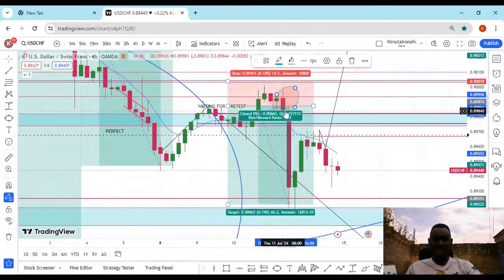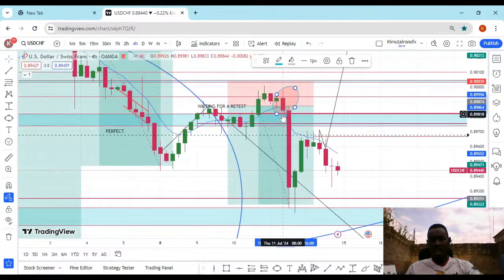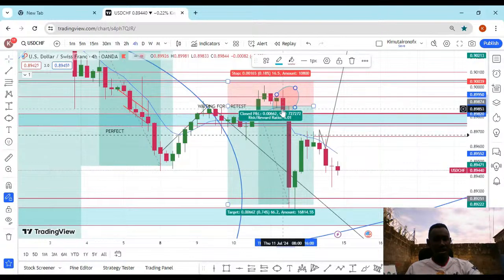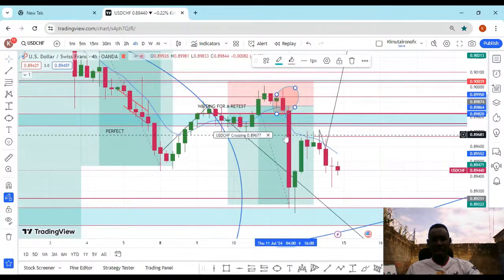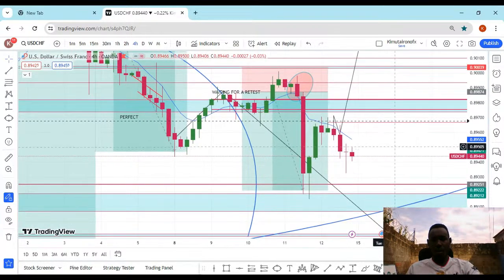So this is when I entered a trade after the retracement. It was immediately after the closure of this bearish engulfing candle. I made an entry from this point, and then boom, immediately there was a sharp downtrend, which was caused by the news.